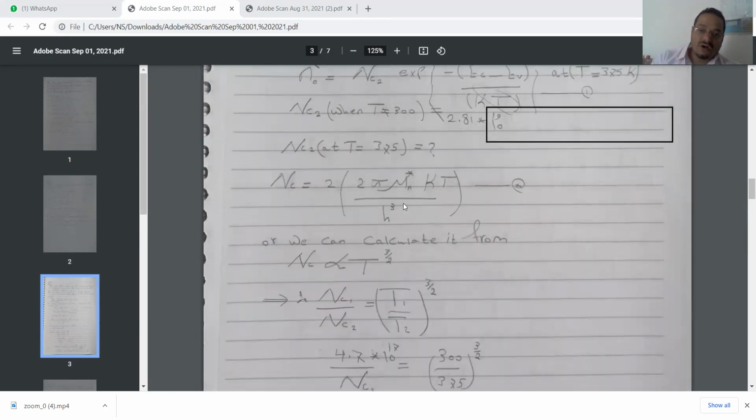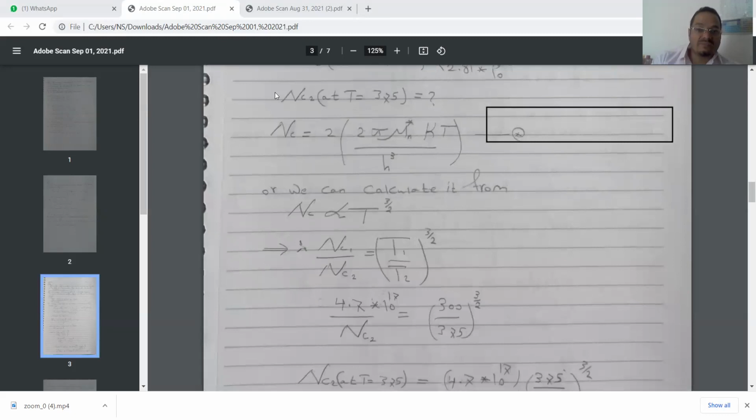I can take some benefit from this relation, because in physics the effective density has a relation with the temperature, T to the power 3 over 2. So I have NC1, the effective density at room temperature, and temperature T1, which was 300 Kelvin, the room temperature.